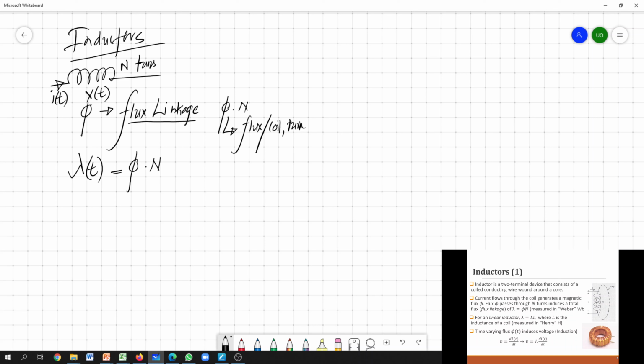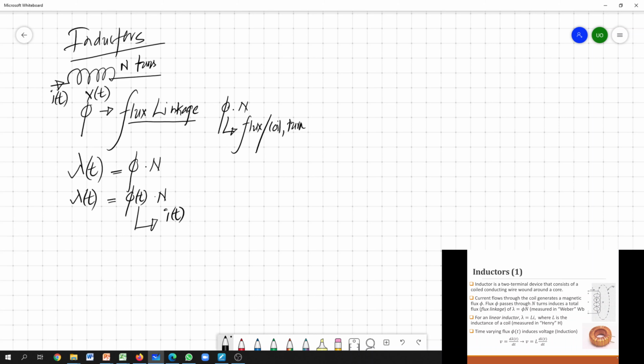To define this precisely, lambda of t is the total flux linkage due to the current i of t, because this flux is induced due to the time varying current.